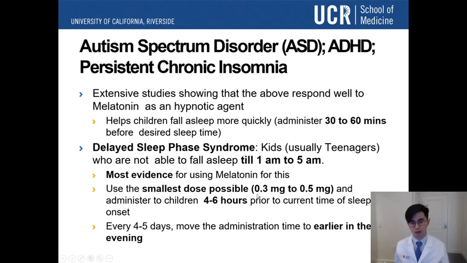I've seen small preparations of 0.3 milligrams to 0.5 milligrams, given to these children 4 to 6 hours prior to the current time of sleep because they're sleeping so late. And every 4 to 5 days, you try to move it back more when you give the melatonin to try to get them to sleep at a more reasonable hour.